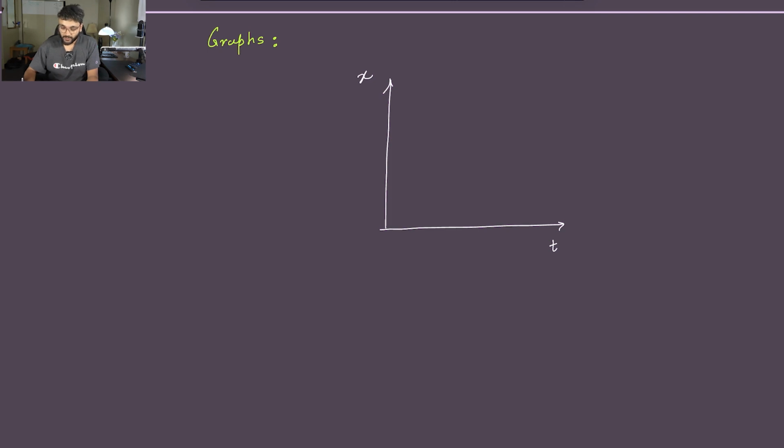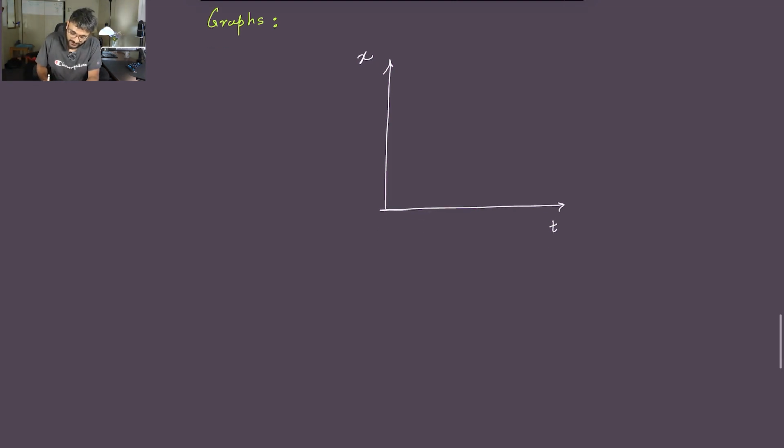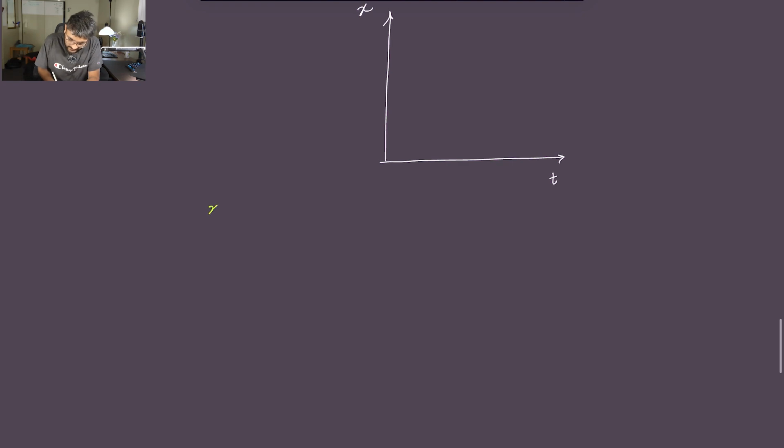Okay. So how should I do it? Let's start with an example. Now I have an equation that tells me the position of a particle with respect to time. Let's say that equation is x equals 2t plus 1.